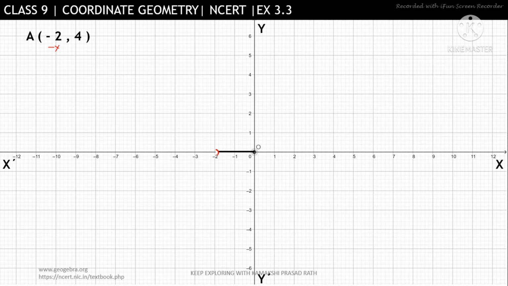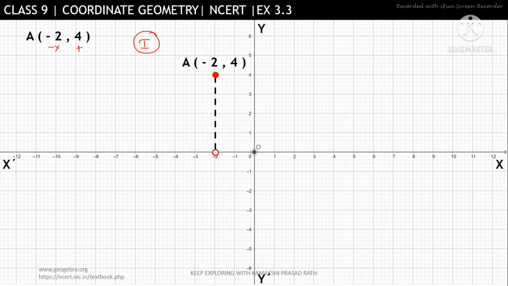Then from -2, again draw a perpendicular towards the positive y, because we have a positive, so we go towards the positive y. So 4 units, and where we reach, that is our required point A (-2, 4). So here it is verified that point A is in the second quadrant.